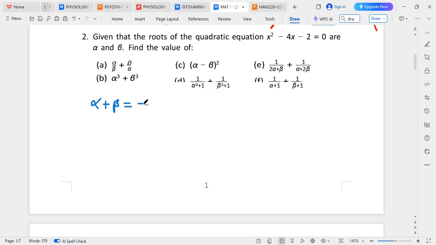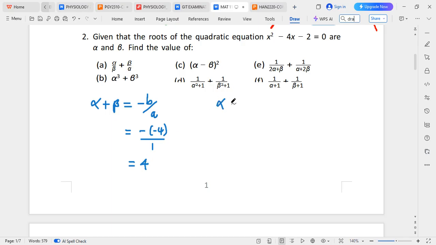Alpha plus beta is given by negative b over a. B is the number in front of x, that's a negative 4. A is the number in front of x squared, which is a 1. So alpha plus beta is going to be 4.